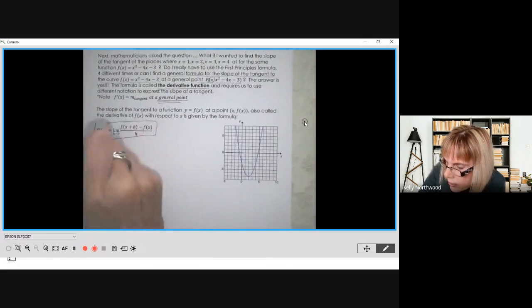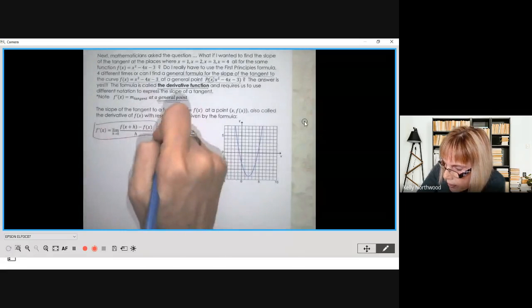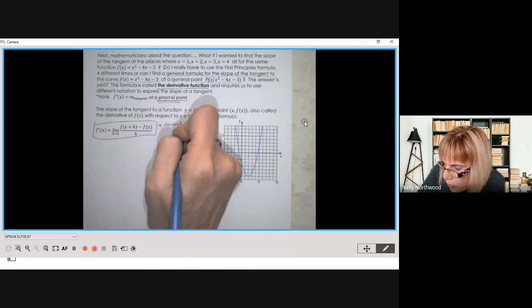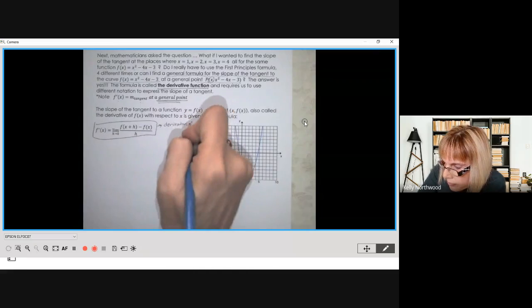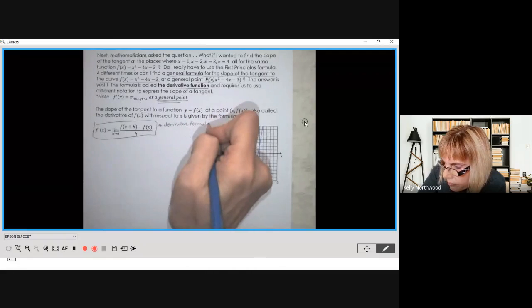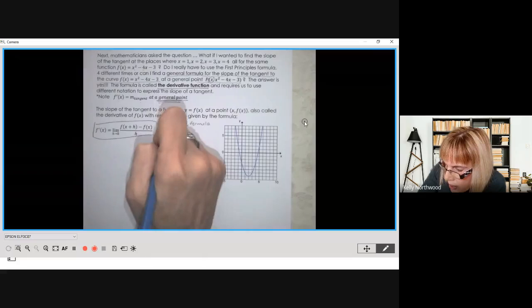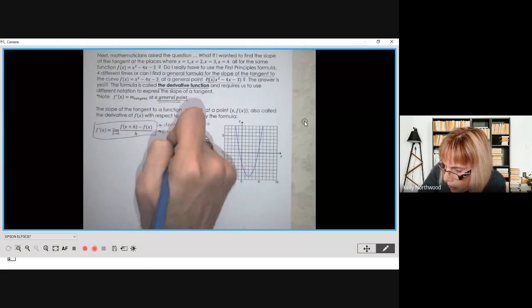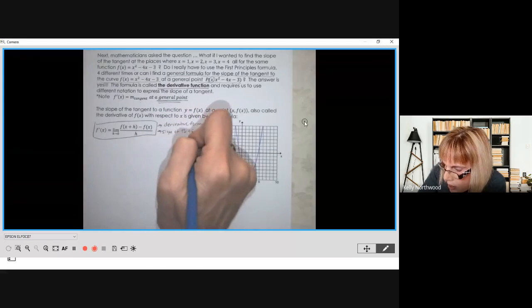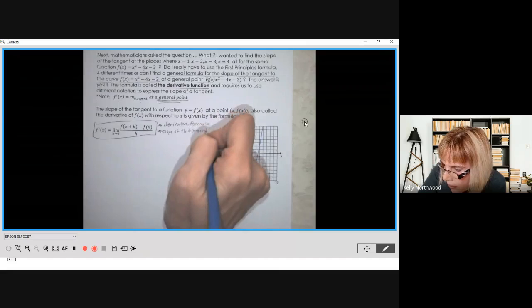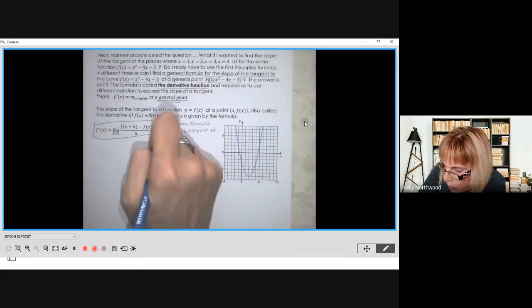This is our two things. So it's the derivative formula, and it's also the slope of the tangent at a general point formula.